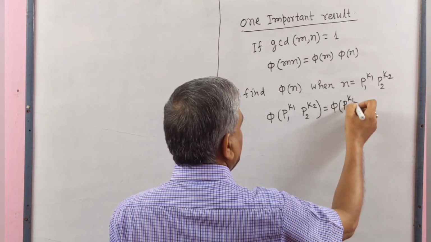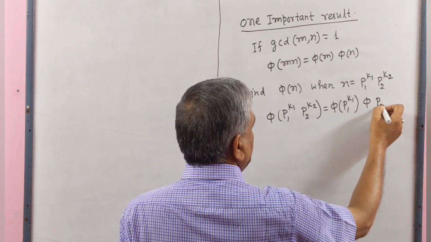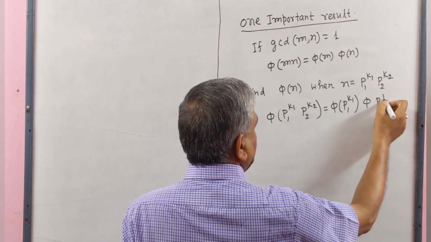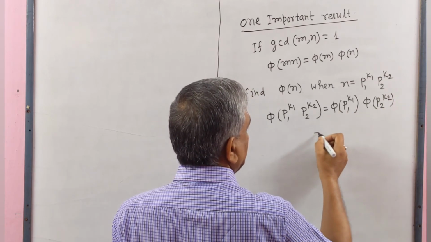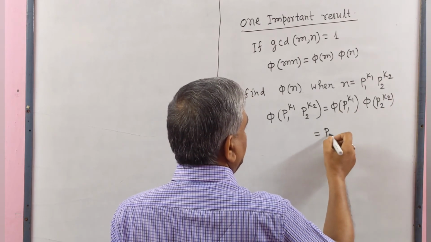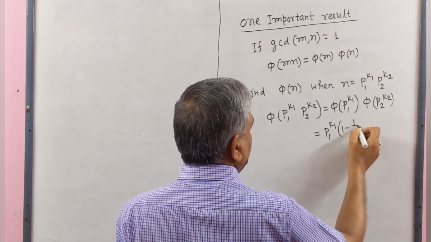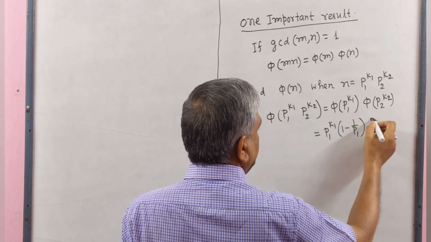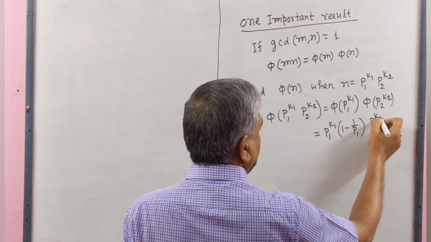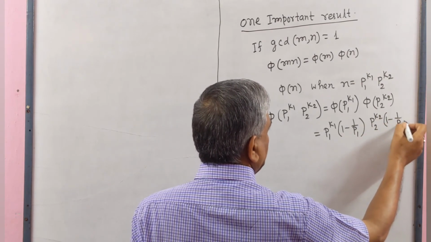phi of P1 to the power K1 and phi of P2 to the power K2, and this means P1 to the power K1 (1 minus 1 by P1). This means P2 to the power K2 (1 minus 1 by P2).